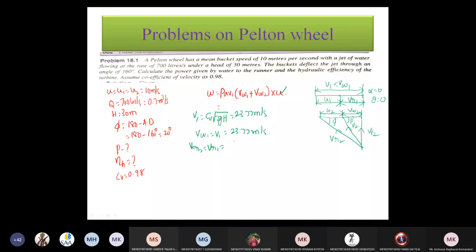How to find out the phi value? If you know the VR2 value, phi value, U2 value. You know the phi value.